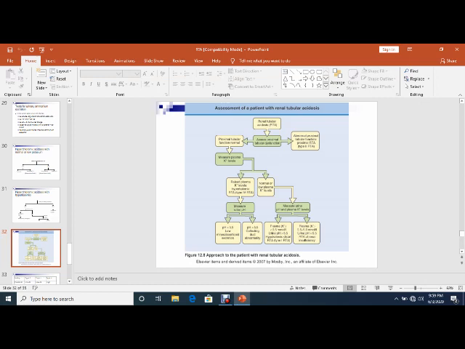If the plasma potassium is less than 3.5, urinary pH more than 5.5, and hypokalemia, that is distal RTA, type 1 RTA. So this is the differentiating point. If the plasma potassium is 3.5 to 5 and urinary pH is less than 5.5, this is the renal tubular acidosis of renal insufficiency.